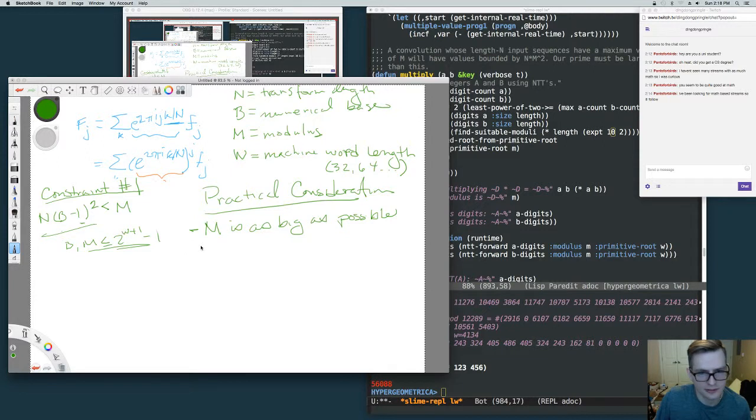The other thing we need is the fact that our transform length n should divide our modulus minus 1.